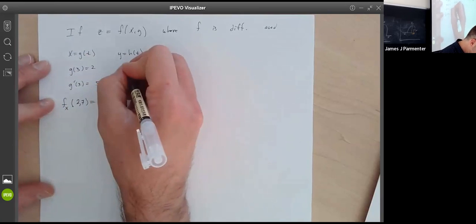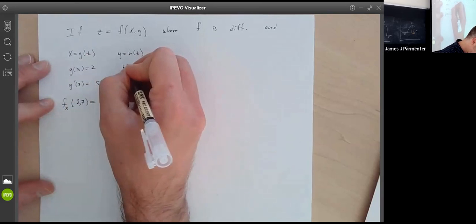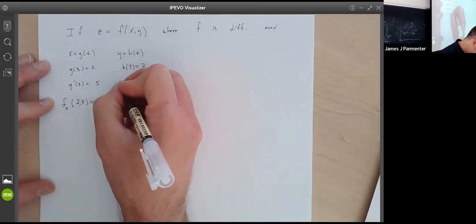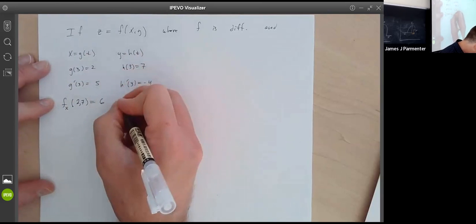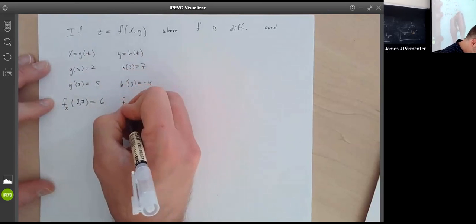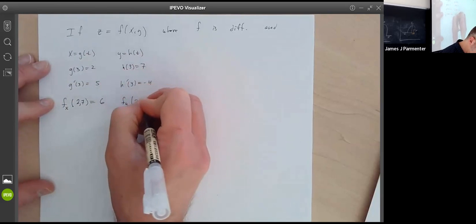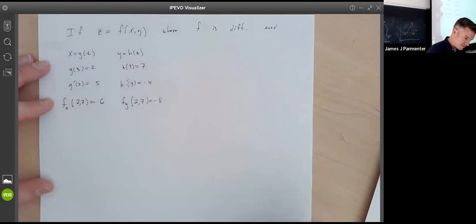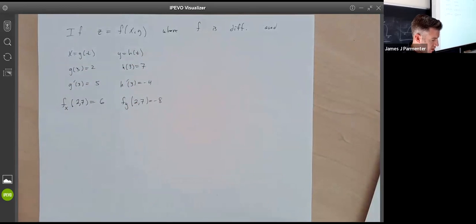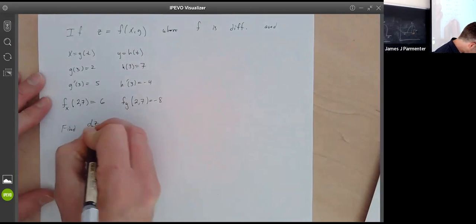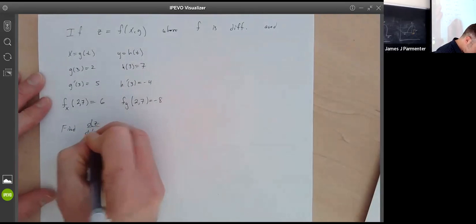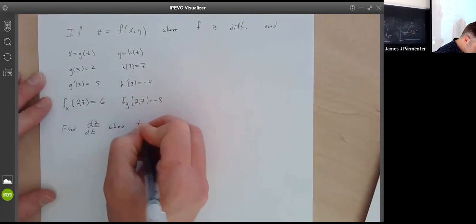Similarly, we're given h of 3 equal to 7, h prime of 3 equal to -4, and the partial derivative of f with respect to y at the point (2, 7) equal to -8. All right, so they're asking us to find dz/dt when t is equal to 3.